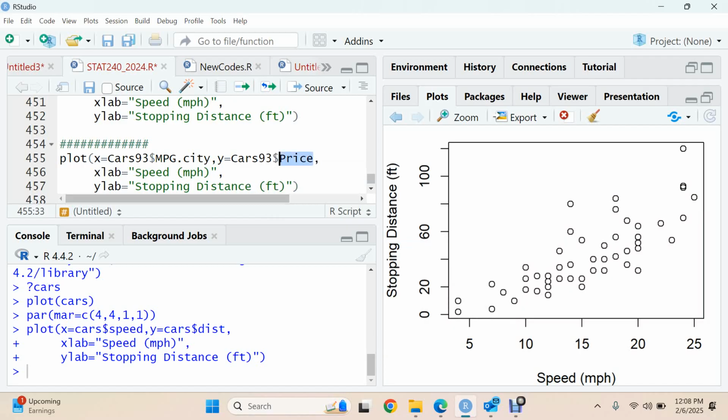This will be price. The price is in what? Thousands of dollars, right? Is that the case? So in thousands, right? And then this one is what? MPG. So this is what I said you should do.